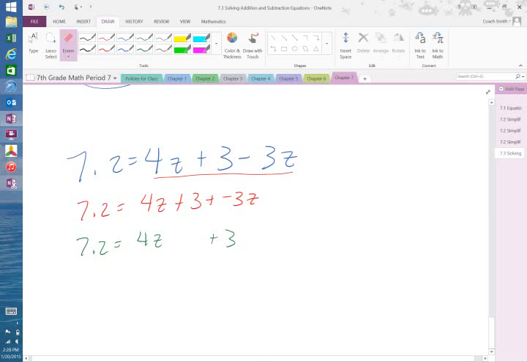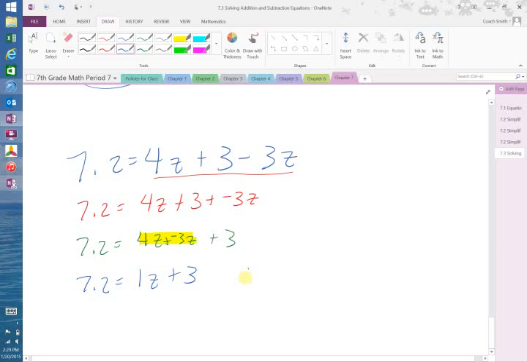Now, the 4z plus negative 3z you can put together. What is 4 plus negative 3? 1, and that's 1z. So 7.2 is equal to 1z plus 3.